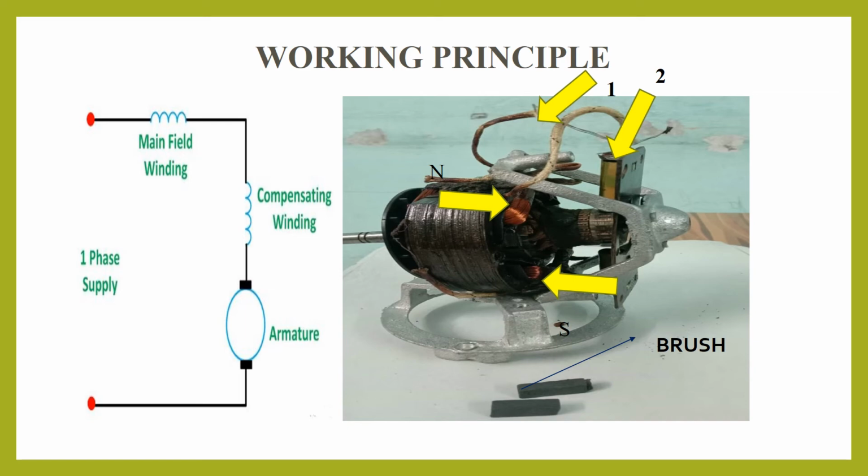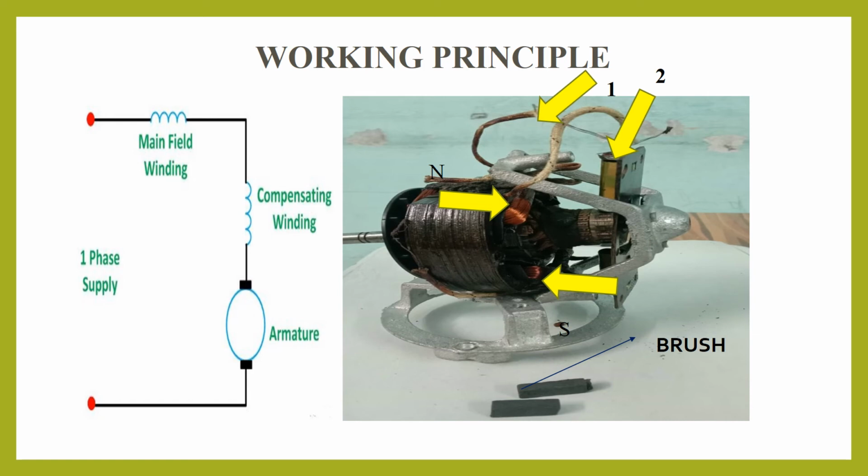Now you see, I have shown one symbol here. This means this is a coil where I am going to give a supply. Once the supply is given to the stator, that is the stationary part, which consists of a field, automatically the north and south poles will be induced in the field coil, because that is the concept of an electromagnet. What is an electromagnet?